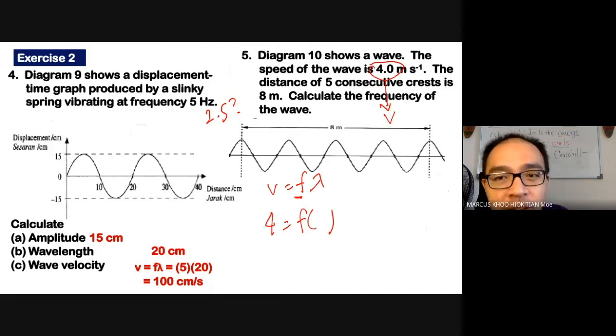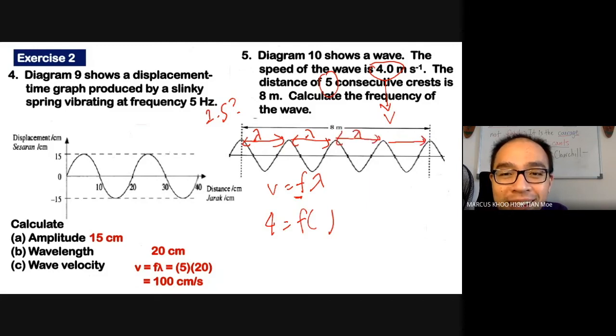How many wavelengths are there? There are 5 crests. That's correct. How many wavelengths are there? Take a look. 1 wavelength, 2 wavelengths. Do you see what I'm getting at? 3 wavelengths, 4 wavelengths. So you shouldn't be dividing by 5, because there are only 4 wavelengths.